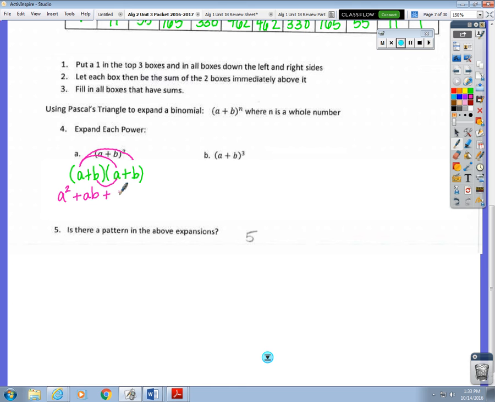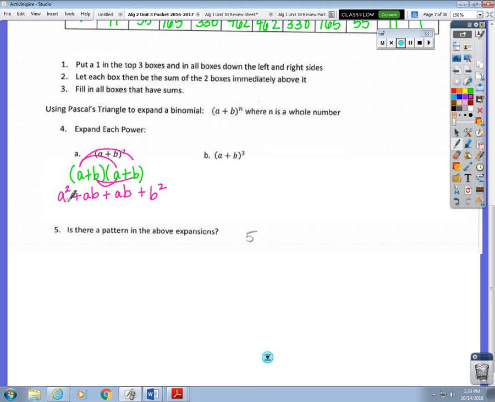However, you need to alphabetize them so that in a minute you realize that they're like terms. If you write this one as AB and this one as BA, you might not recognize that they're like terms, and they are, because both of them are just the product of A and B. So even though, yes, you want to put BA because B came first, always alphabetize the letters. And then B times B is B squared.